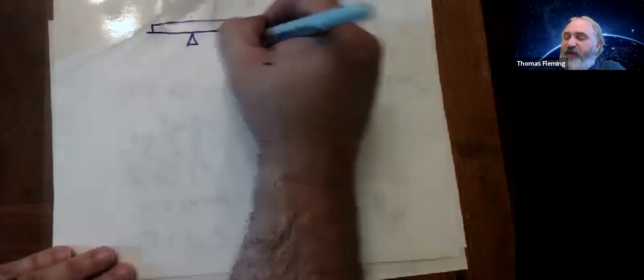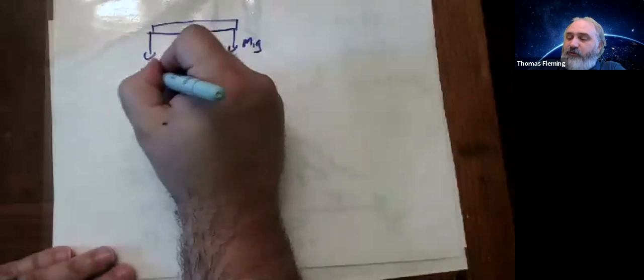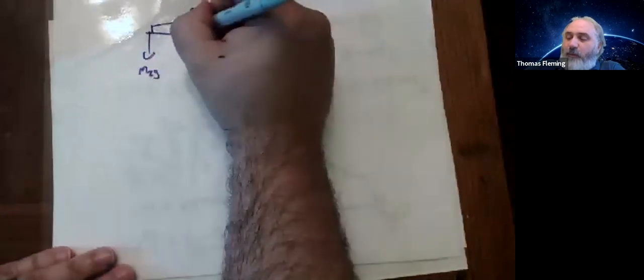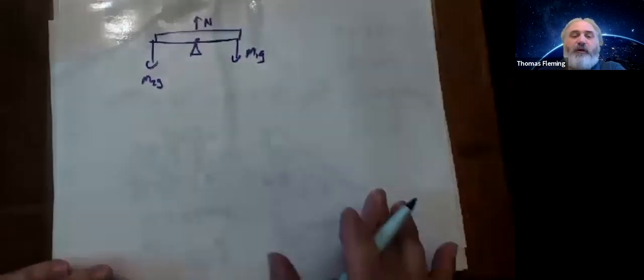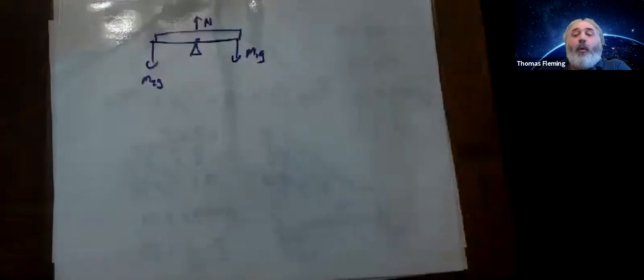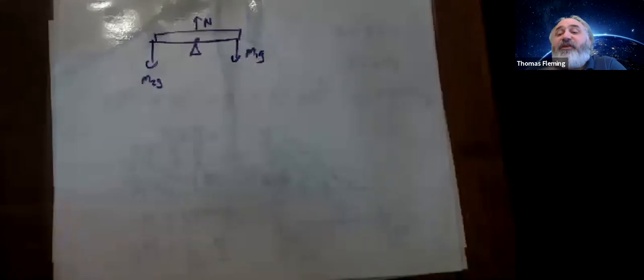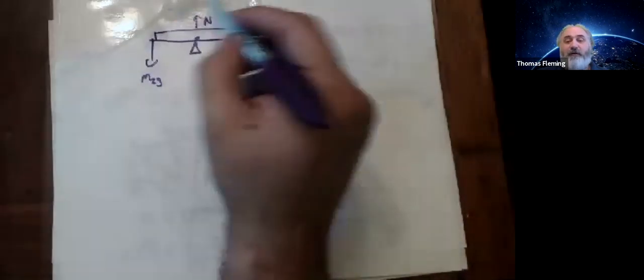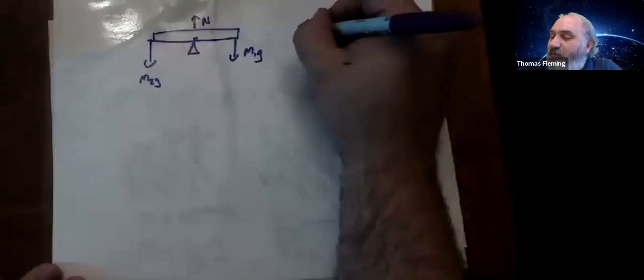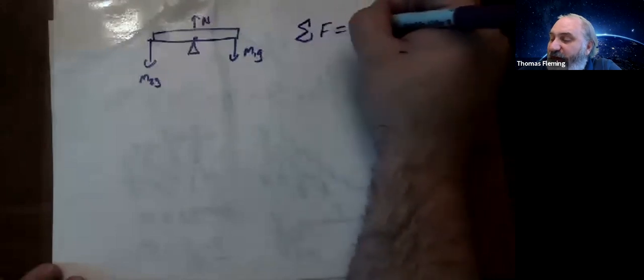So if I've got a seesaw, and I'm pulling this end down with a force m1g, and this end down with a force m2g, and the fulcrum here in the middle is pushing upward with a force that I'll call n, then if this little seesaw is balanced, it means that 2 conditions have to be met. One is, from Chapter 4, the seesaw can't be moving up, down, left, or right, which means the sum of the forces has to be 0.